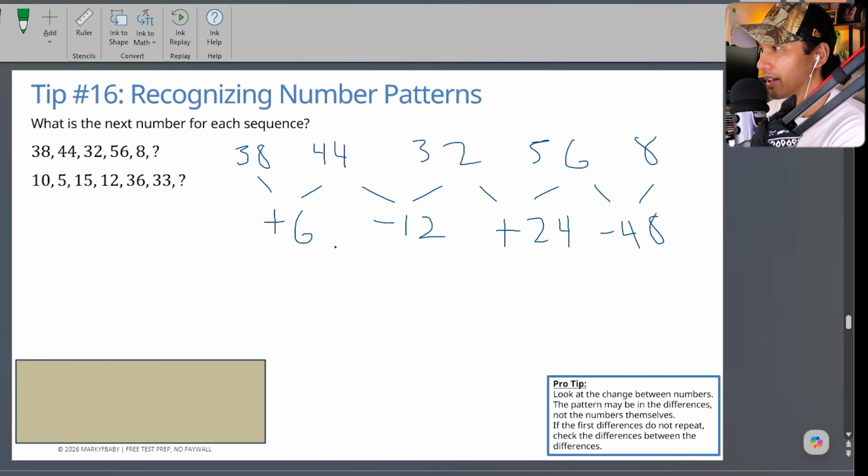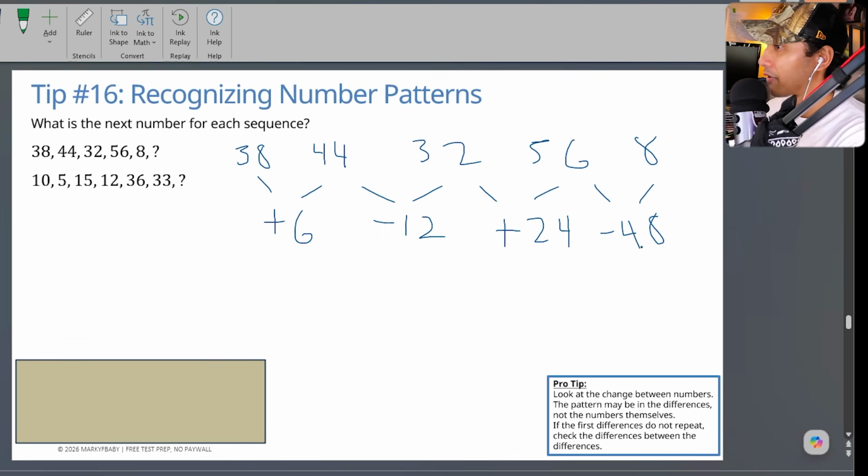We see that it is just the opposite. It doubles, but then it's the opposite operation. Plus 6, then it doubles and becomes negative 12. And then it's plus 24 because 12 plus 12 is 24. Then the opposite operation again: 24 plus 24 is 48. Opposite operation.